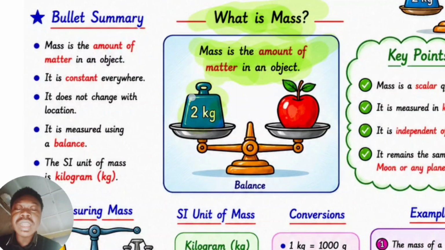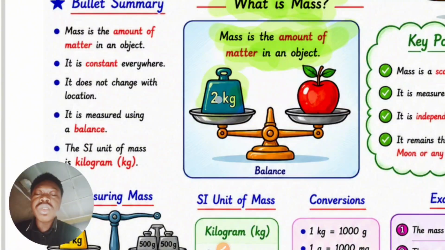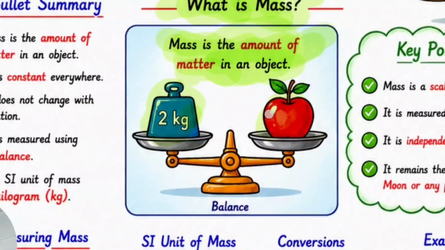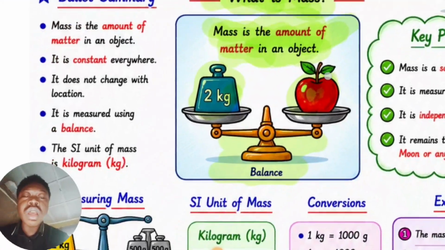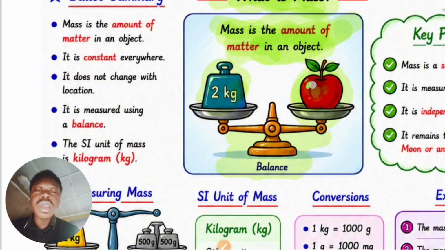For example, you can see this body here weighing 2 kilograms, and then we have an apple here. And you can see that this balance is well balanced at equilibrium state. It is because this apple is also termed to be 2 kilograms. So the amount of matter in this apple is 2 kilograms, while the amount of matter in this object is 2 kilograms.